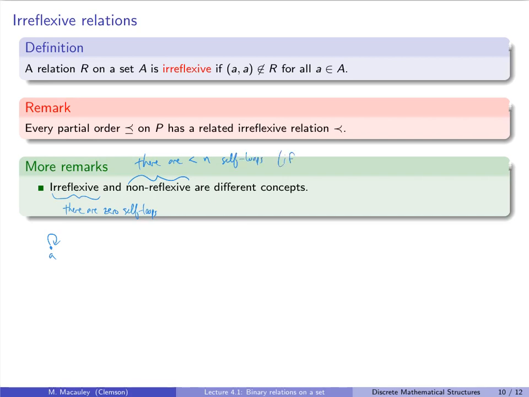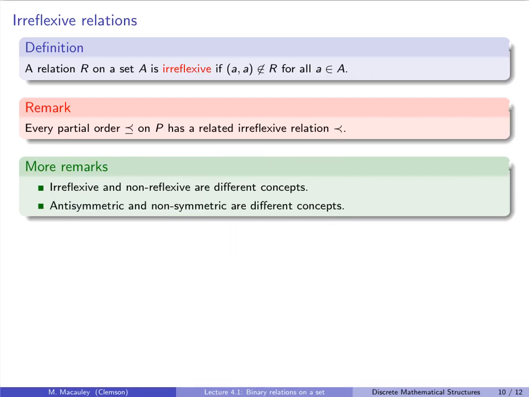And here I'm assuming that our set A, or P, has size n. So in terms of quantifiers, irreflexive means that there does not exist an element a in A such that (a, a) is in R, or a is related to itself, whereas non-reflexive means there exists a, little a in A, such that (a, a) is not in R, so a is not related to itself.